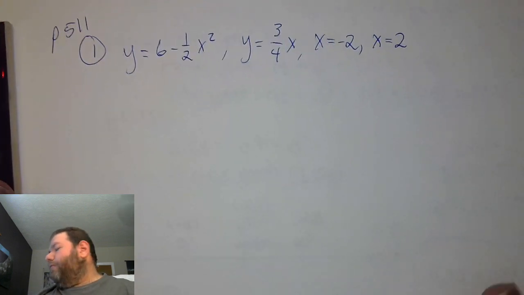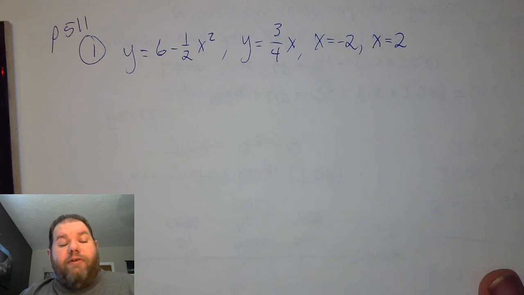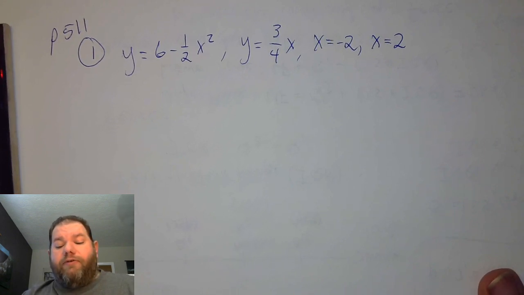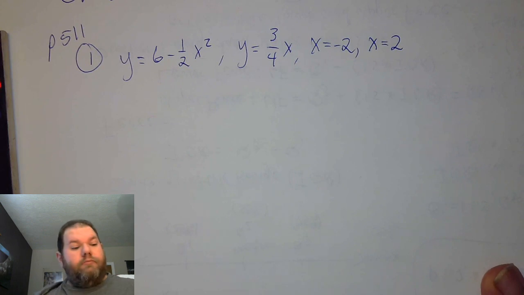Okay. And so the instructions here, we want to find the area of the enclosed region. All three of the first three problems, 1, 5, and 9, are all the same instructions.